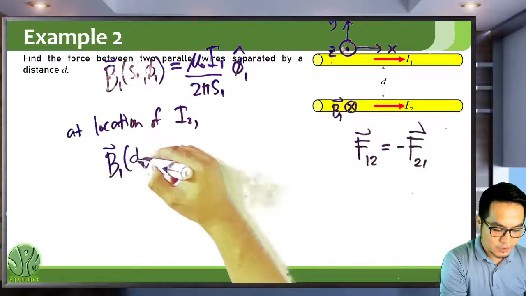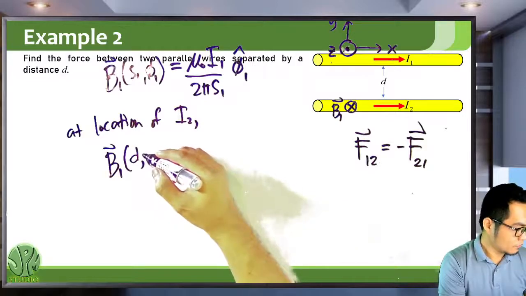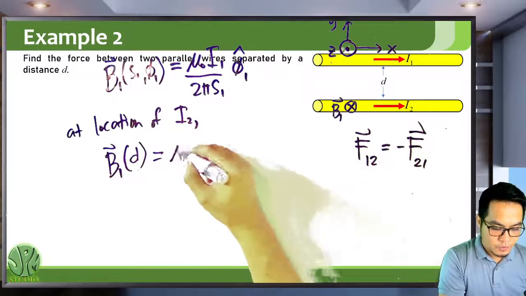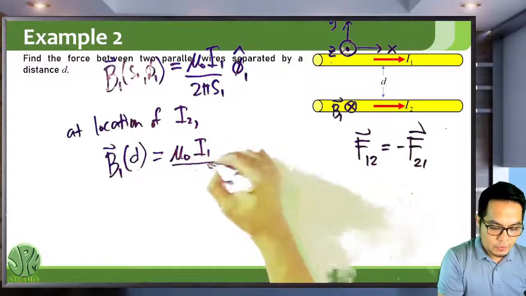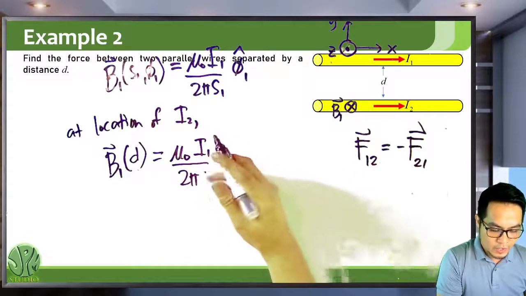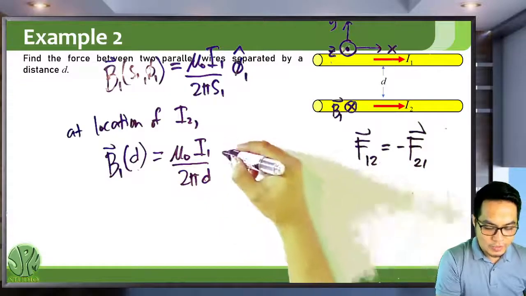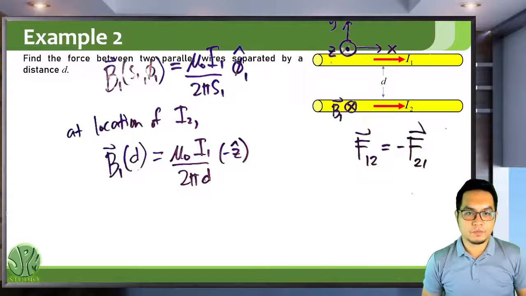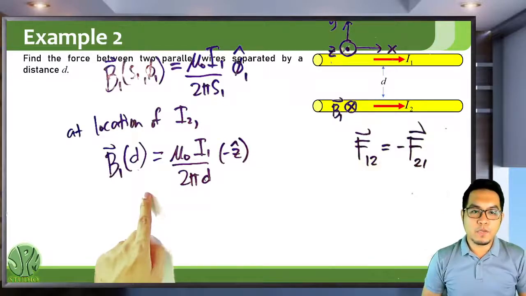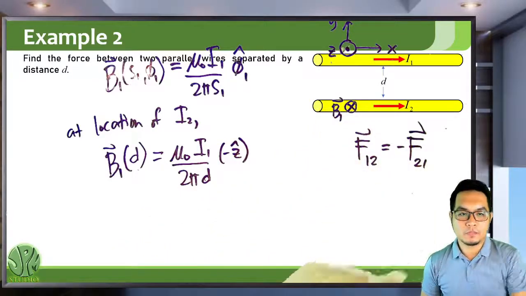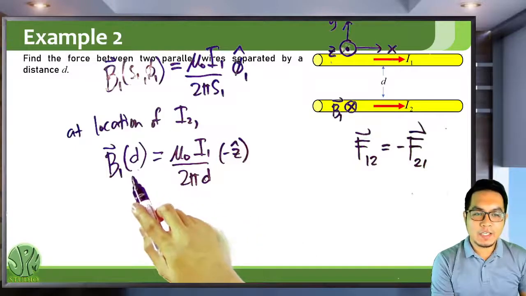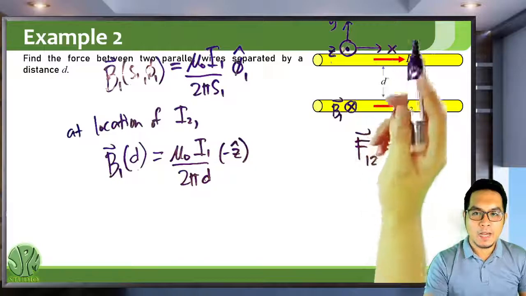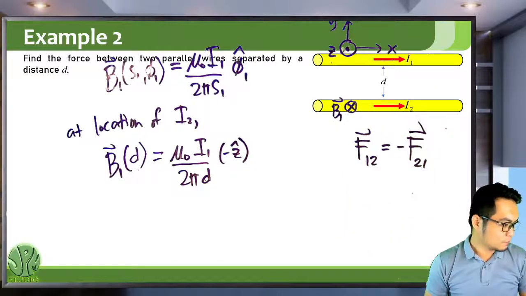So at S1 equal to d, the magnetic field is mu naught I1 over 2 pi d, and that direction is negative z hat. So this is the magnetic field B1 at the location of I2, and this is the magnetic field that we will use in solving the force exerted by I1 on I2.